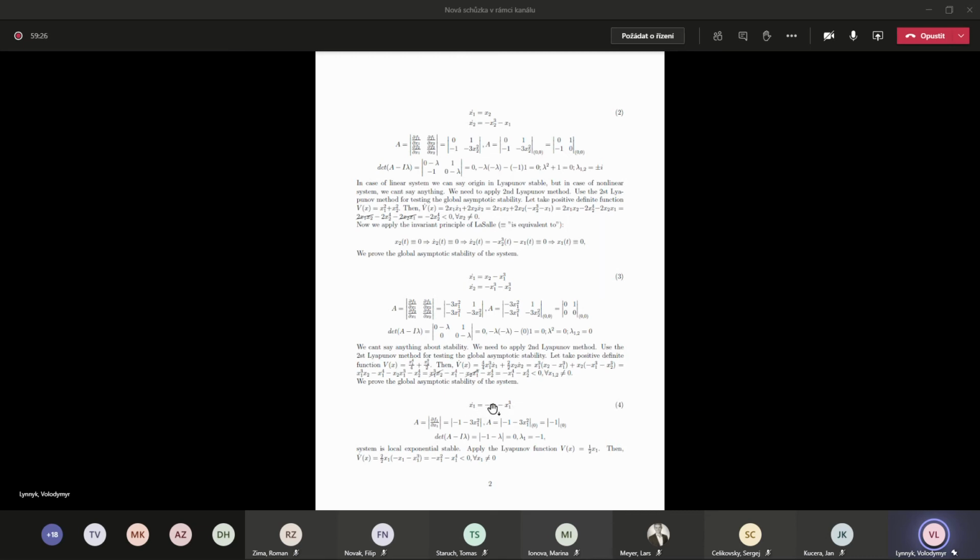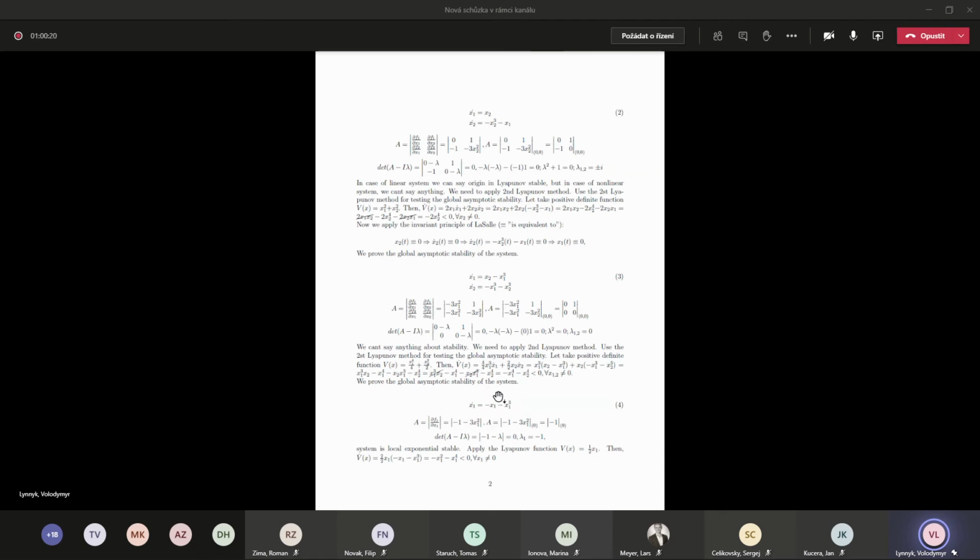If we apply the first Lyapunov method, the indirect method, we can say that this system is locally exponentially stable, because there is only one eigenvalue with a negative real part, and when we start near the equilibrium, near the origin 0, 0, the solution will converge to 0.